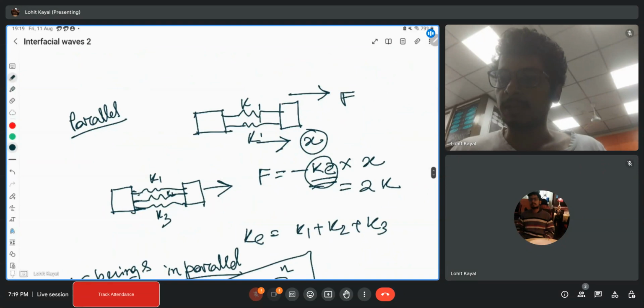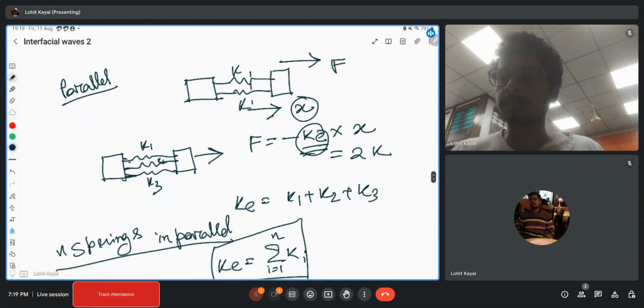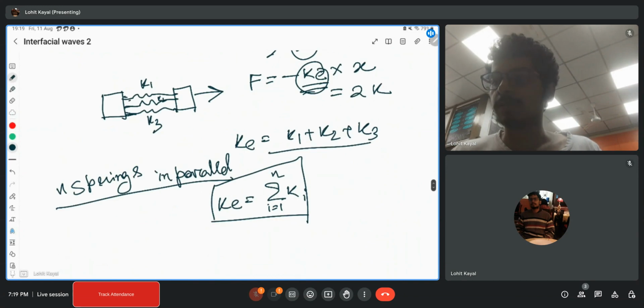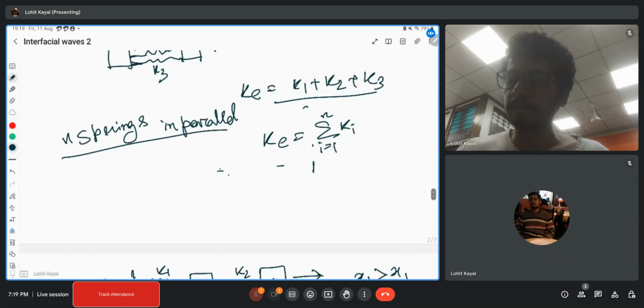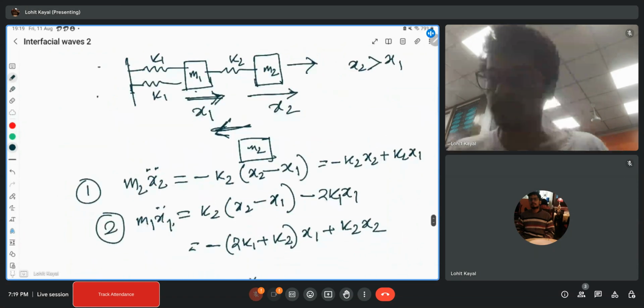When the springs are in parallel, the same displacement is applied to all of the springs, and you just add K1 plus K2 plus K3. If you have n springs, Ke equals summation i equals 1 to n of Ki.